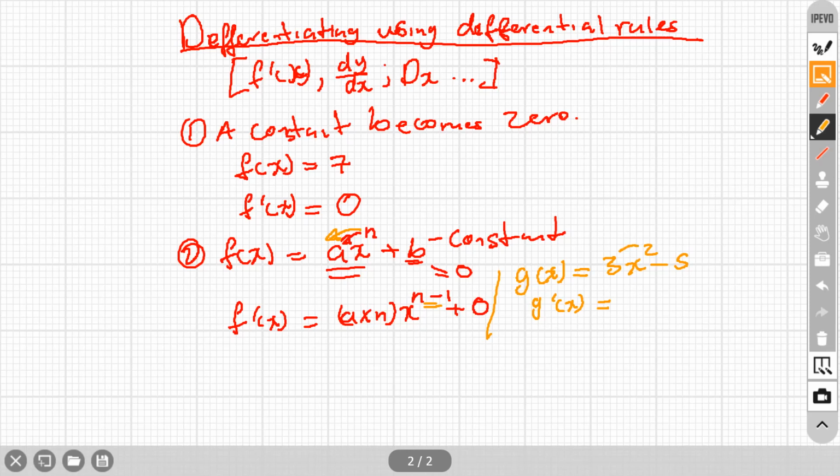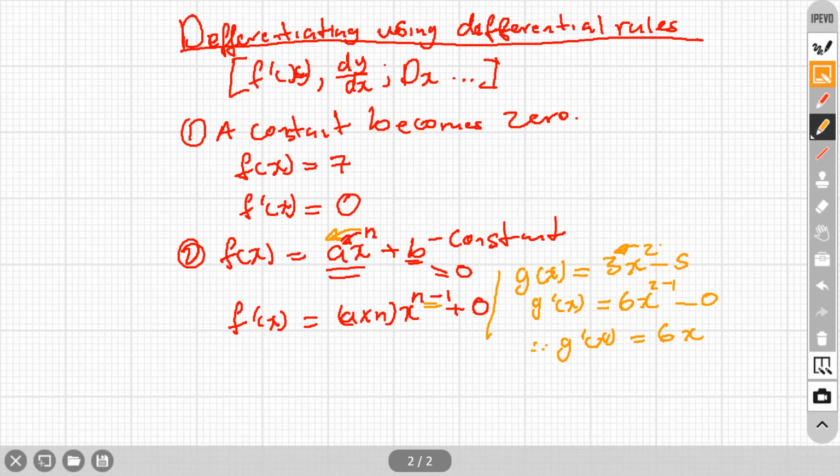Number one, we multiply the power with the coefficient, which gives us 6x. Then we subtract 1 from the power, which gives us 2 minus 1. Then the constant becomes 0. Therefore g'(x) will give us 6x.